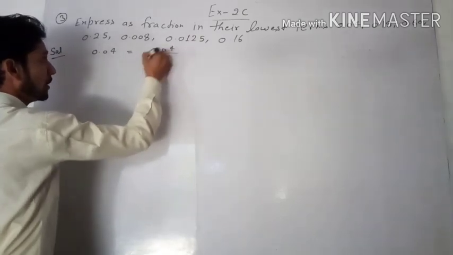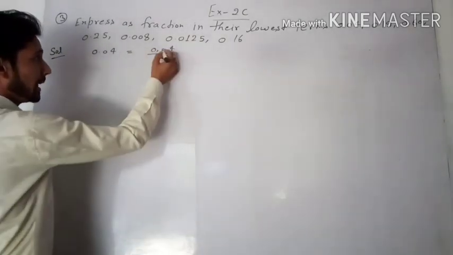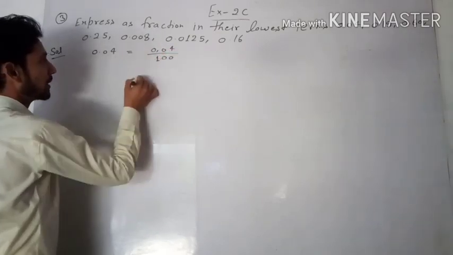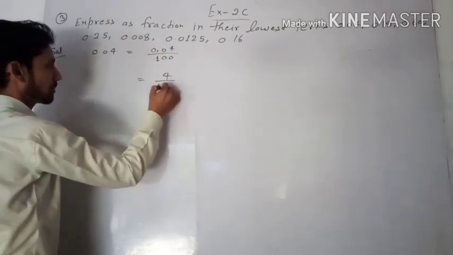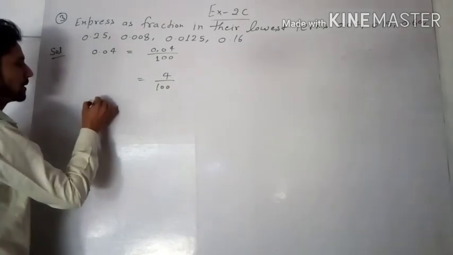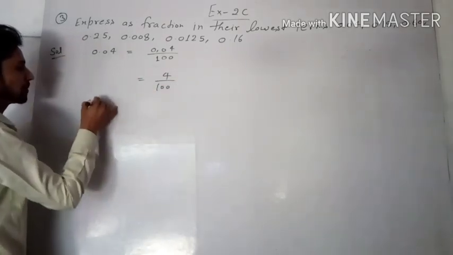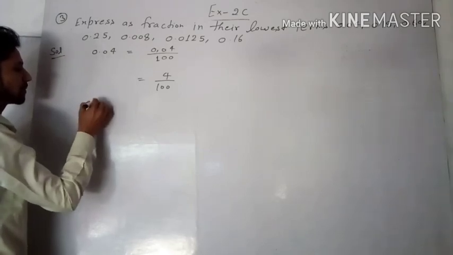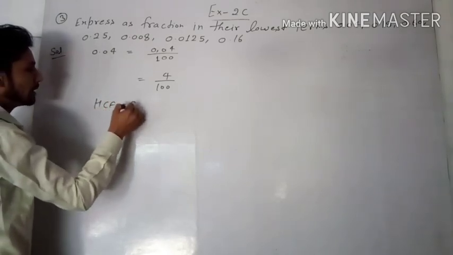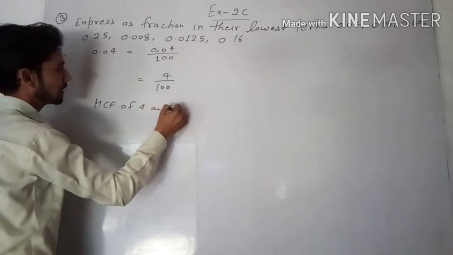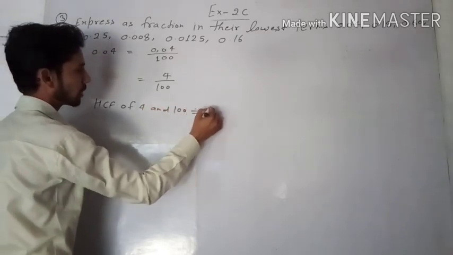Write 1 below the decimal and take 2 zeros because 2 digits are there. HCF of 4 and 100 is equal to 4.